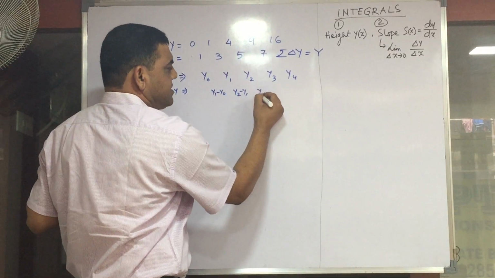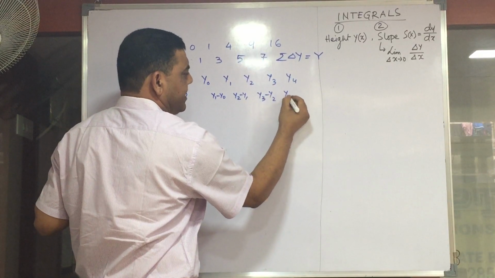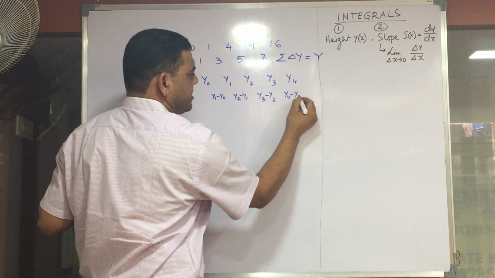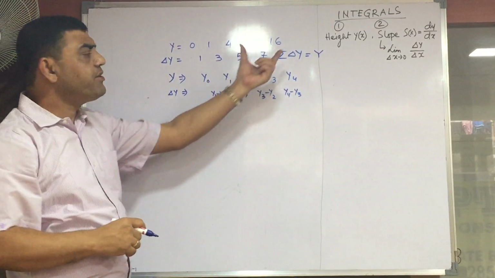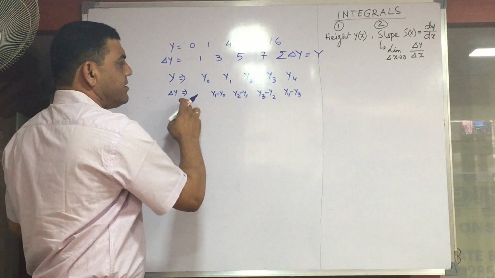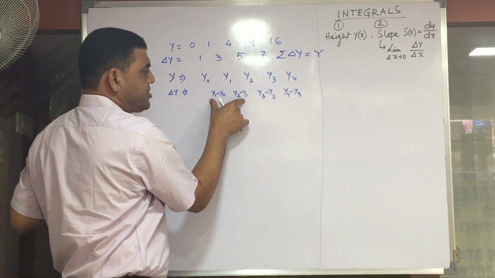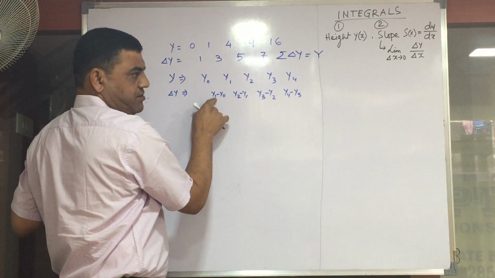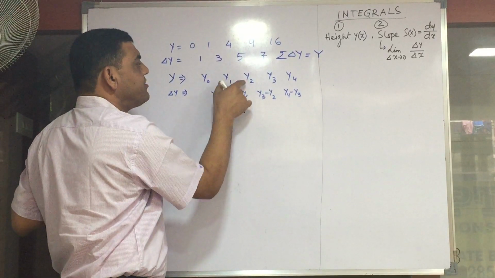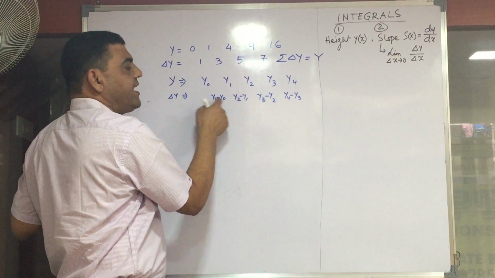This interval the change is y3 minus y2. And this is y4 minus y3. If we sum them up, what do we get? By adding two consecutive ones, we get y2 minus y0. That means the summation gives me the information about the first function.